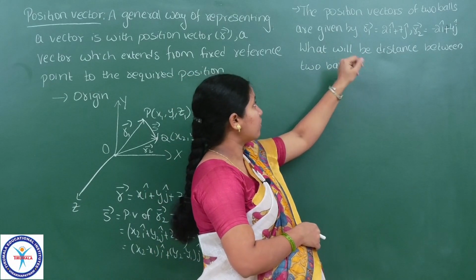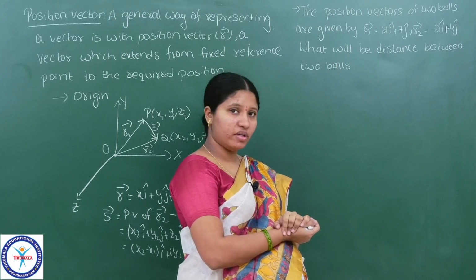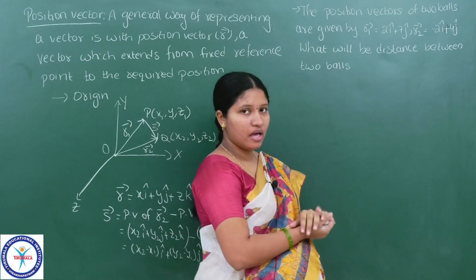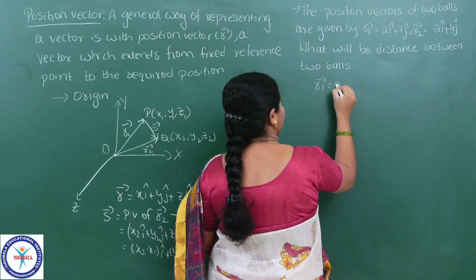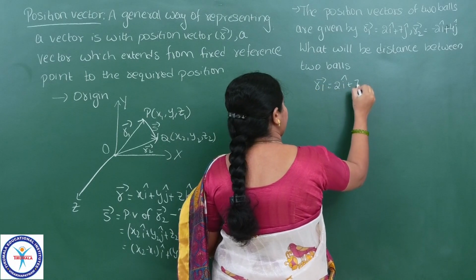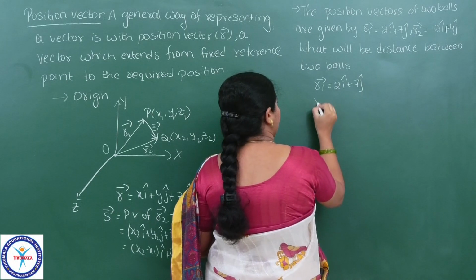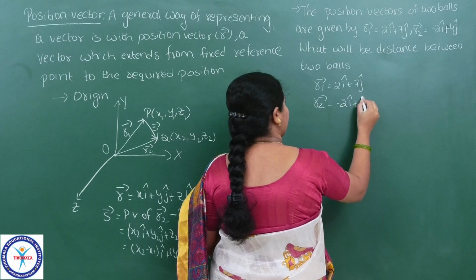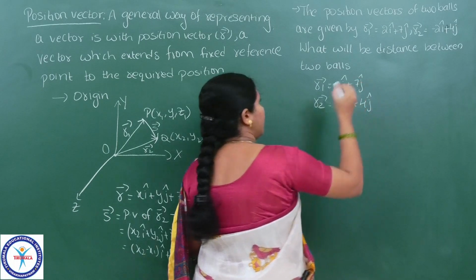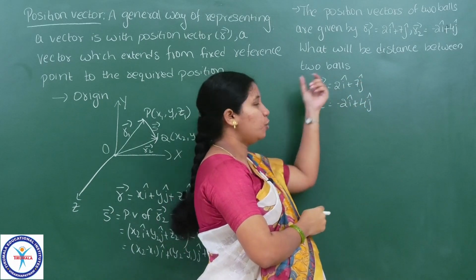The position vectors of two balls are given by r1 bar and r2 bar. Given r1 bar is equal to 2i cap plus 7j cap and r2 bar is equal to minus 2i cap plus 4j cap. What will be the distance between two balls?